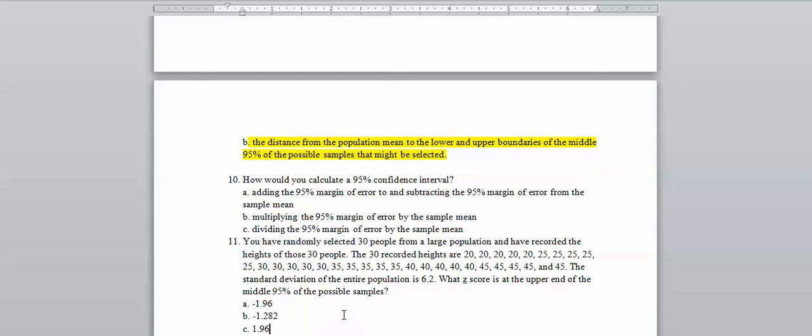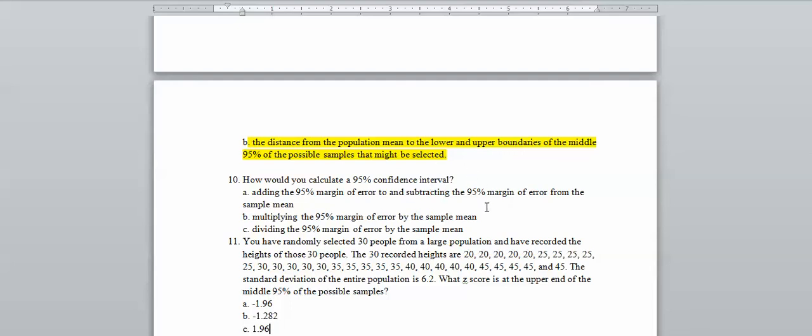How do you calculate a 95% confidence interval? Well, first you have to calculate the 95% margin of error, and then you have to calculate the sample mean, and then to get the confidence interval, you take the sample mean minus the margin of error, and the sample mean plus the margin of error.